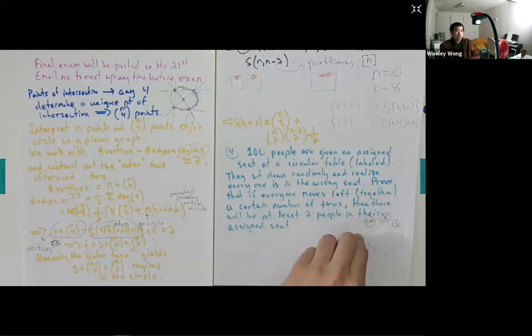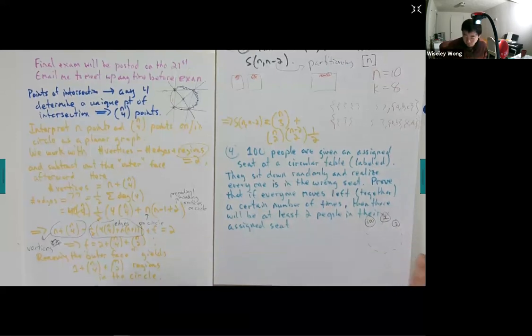So if each person writes down their number of how many rotations they need, they can only write down 1 through 99 to get to their correct seat. But there's 100 people. So therefore, 2 people must have written the same number, which is the number of rotations they have to go to reach their correct seat.